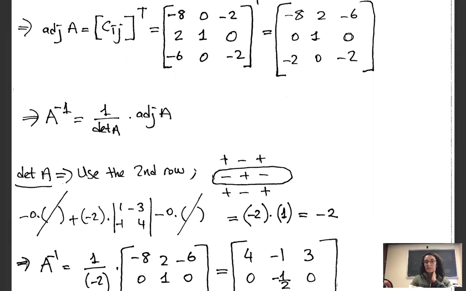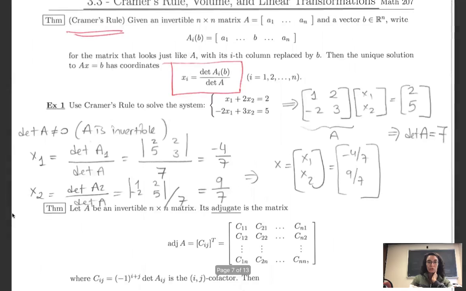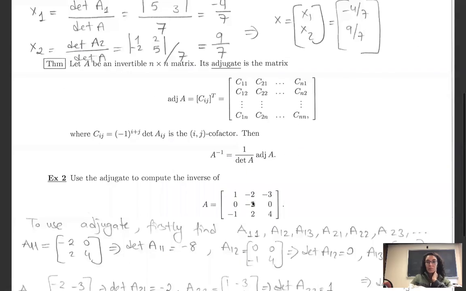Since I'm going to use the second row, this will be my sign pattern, which means minus, go to your matrix A, minus 0 times the determinant of the submatrix, cover up the corresponding column and row, but I don't care because this is 0.